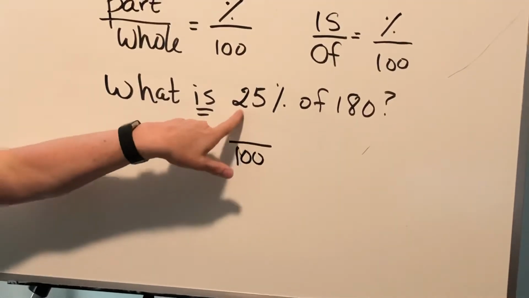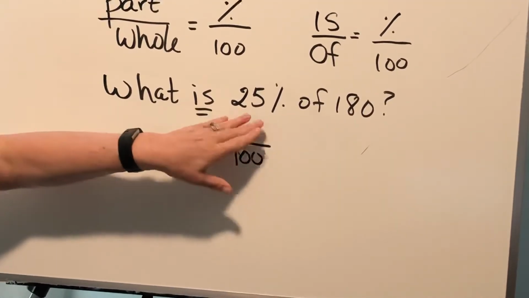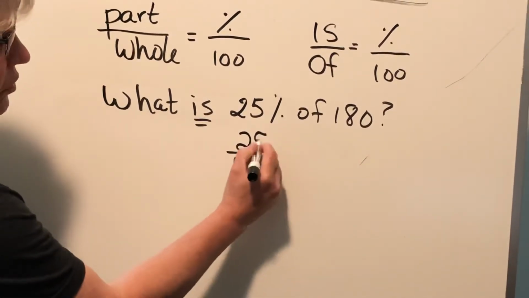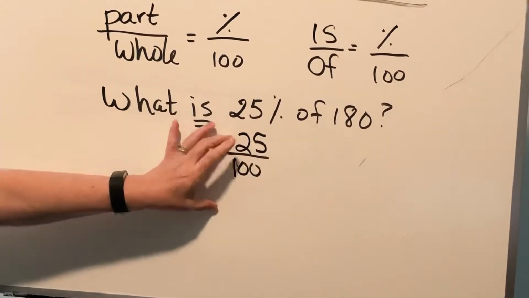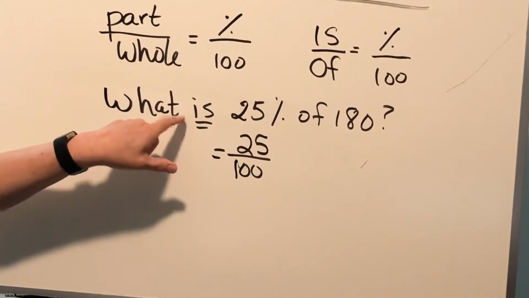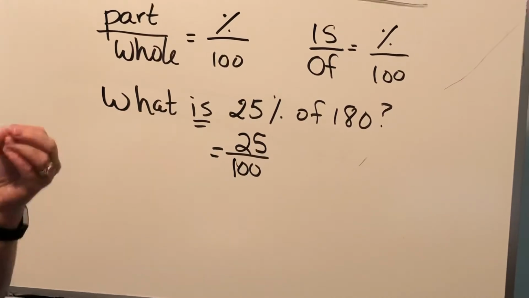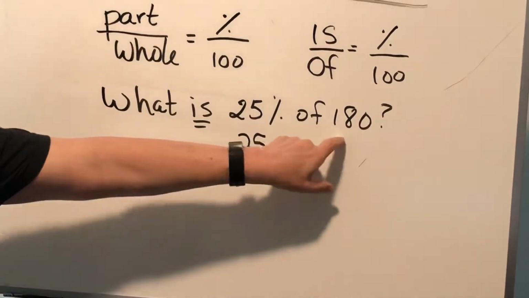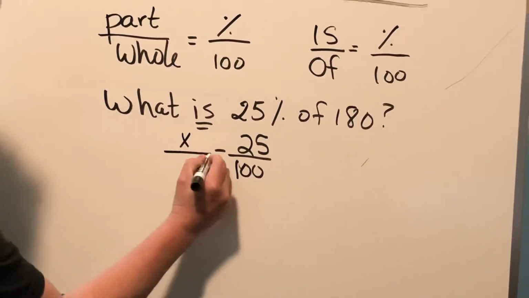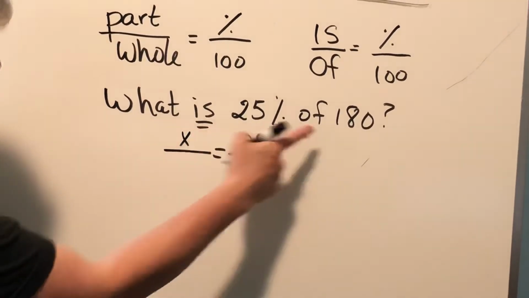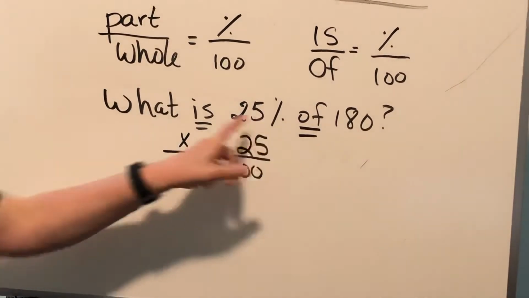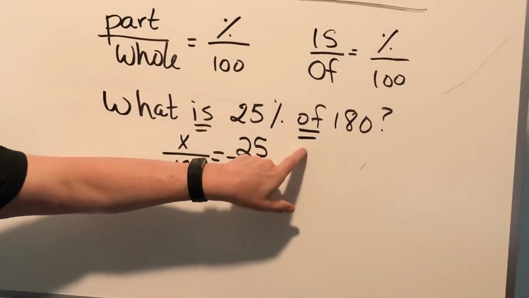And because I have percent in my statement, I'm going to put the 25 over 100. There's my fraction, my ratio. On this side, I'm looking for what is. I want to know what the part of 180 equals 25%. So I'm going to leave my x there, and I'm going to put my 180, and notice the word of is used here. This is my part, this is my whole.